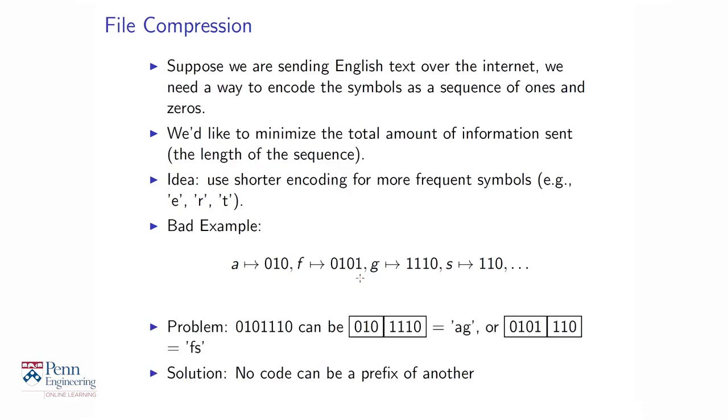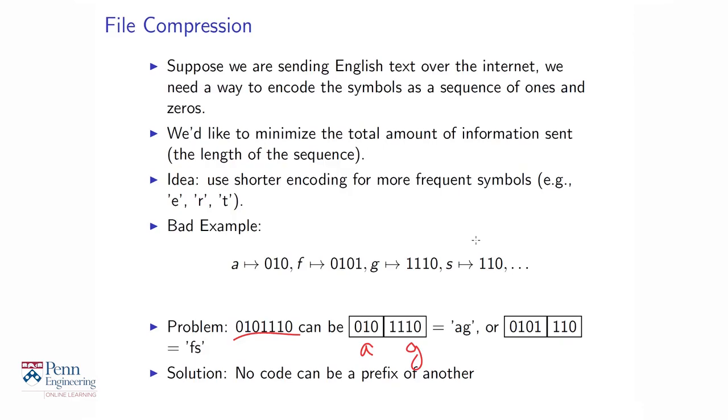The problem if you use this particular code is, suppose at the receiving end you receive the sequence 0, 1, 0, 1, 1, 1, 0. Well, that sequence could actually stand for two combinations of two letters. So one combination is the combination where the first three bits are interpreted as an A, 0, 1, 0 is the code for A, and the last four bits are interpreted as G, 1, 1, 1, 0.